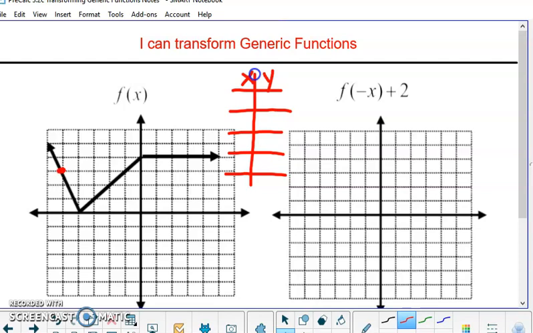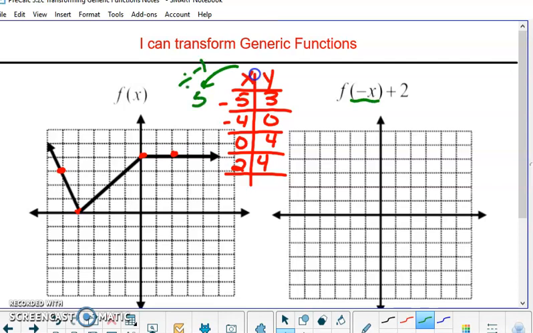So again, same one, it's 1, 2, 3, 4, 5, negative 5, 3, negative 4, 0, 0, 4. I'll pick any point. So again, I guess I'll pick the same one. Just a nice point to the right. And I'm going to do the opposite to the y. So instead of multiplying by negative 1, I'm dividing by negative 1.